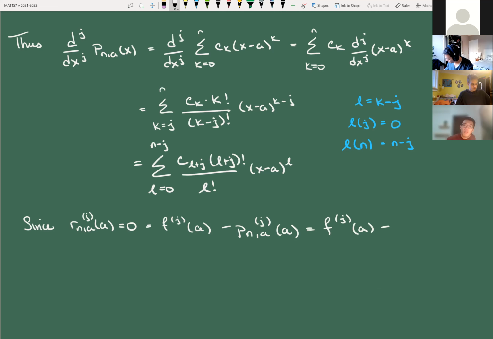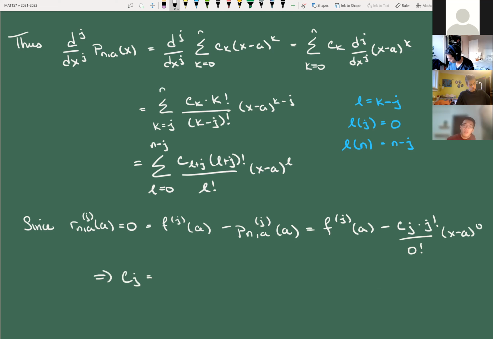So that's going to give me c_j, with L equals 0, times j factorial divided by 0 factorial. So that's 1. And that's it, right? Here, maybe let me write it all in. 0 factorial times x minus a to the power of 0. And so that whole thing is equal to 0, which means I can now solve for c_j.